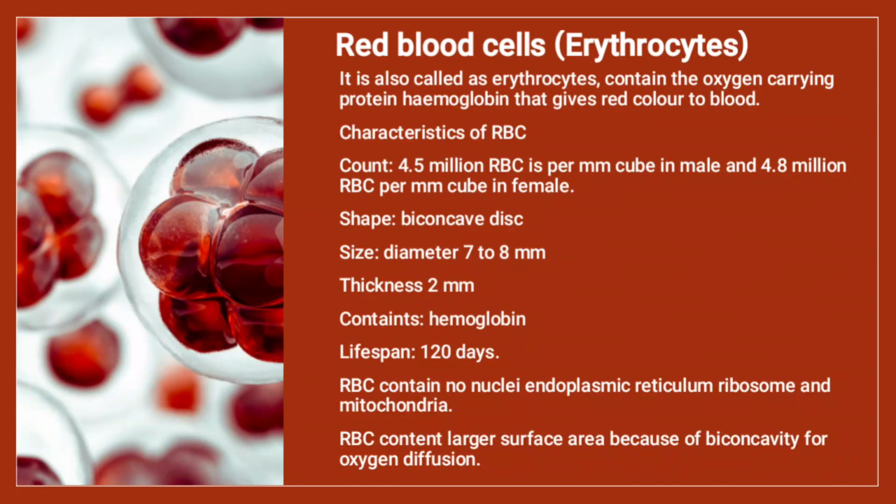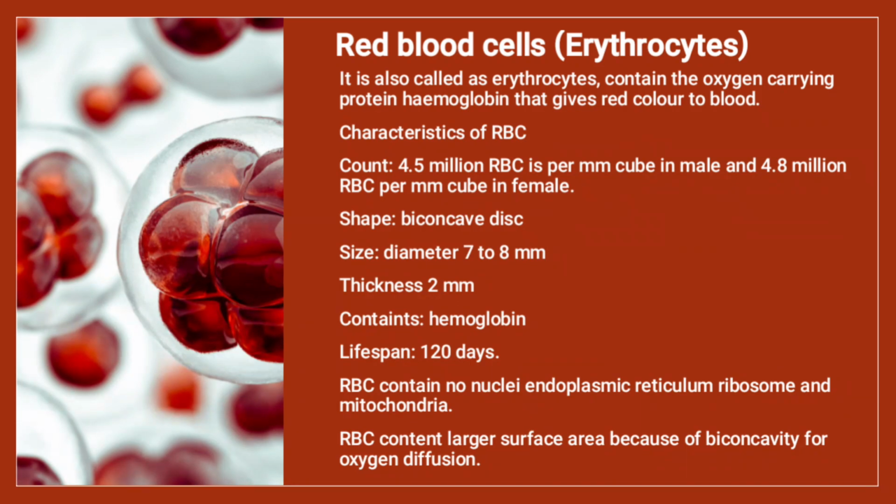Red blood cells have specific characteristics. The count is around 4.5 million RBCs per cubic millimeter in males and 4.8 million RBCs per cubic millimeter in females.